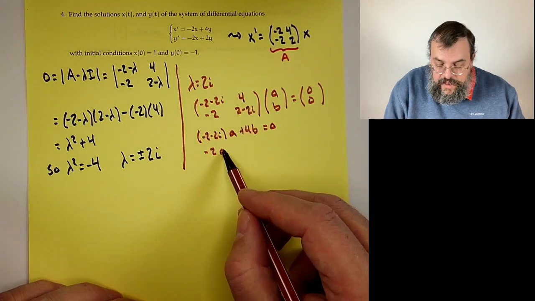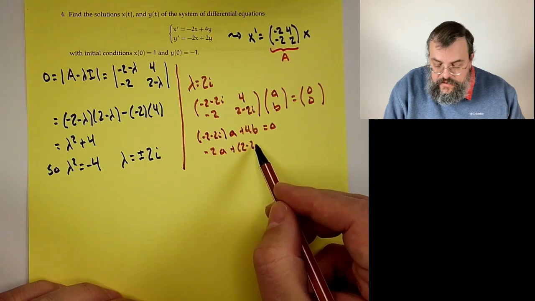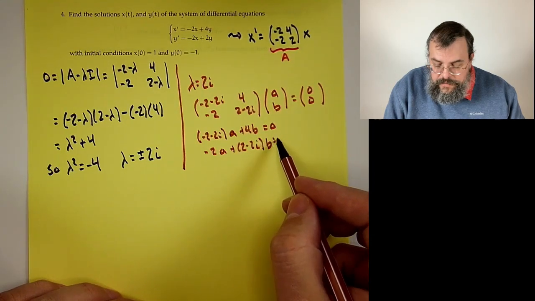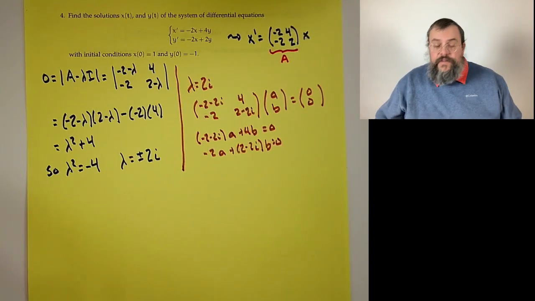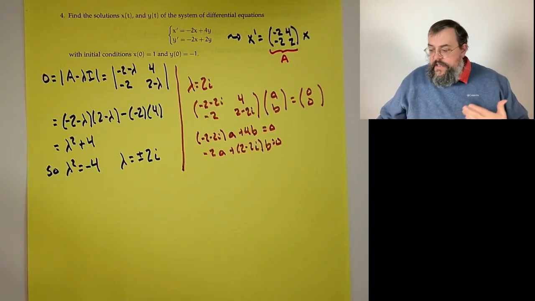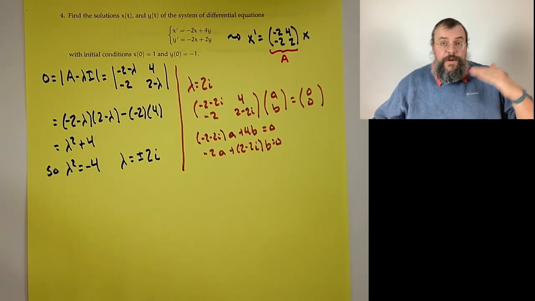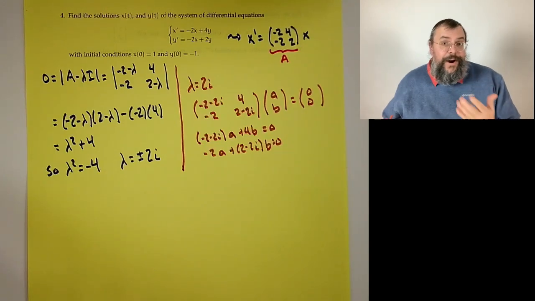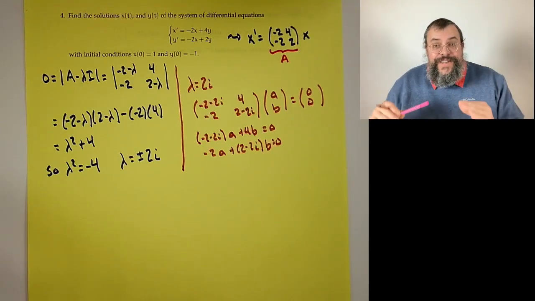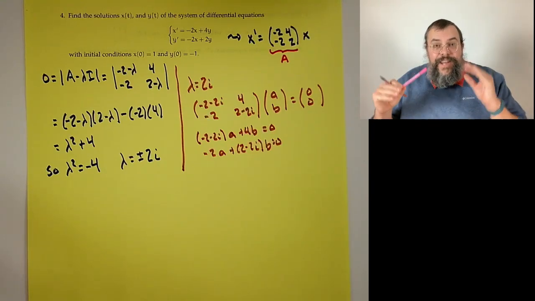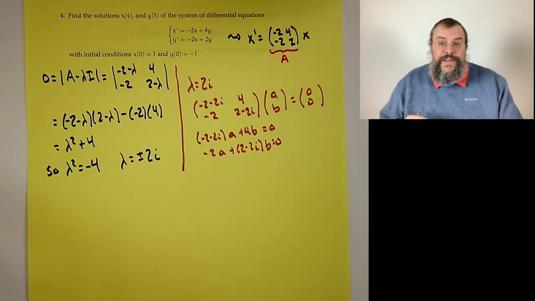And minus 2a plus 2 minus 2i, b equals 0. But because there's redundancy, these are really multiples of one another. Now, it's a little harder to see when there are complex numbers involved, but I promise you, they are in fact multiples of one another.